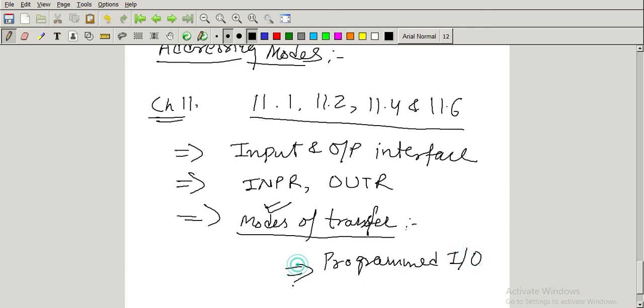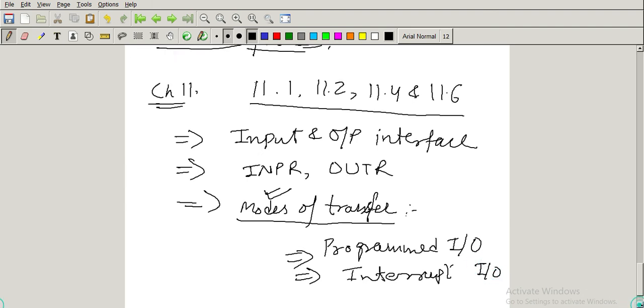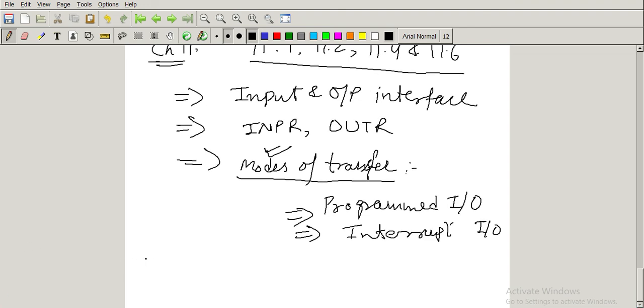Then we have interrupts, which occur many times. Interrupt cycle and interrupt initiated IO, input output. And apart from that we have DMA, which is the most important topic. DMA, direct memory access, right? And the DMA controller. So it covers both DMA transfer and DMA controller. Okay.